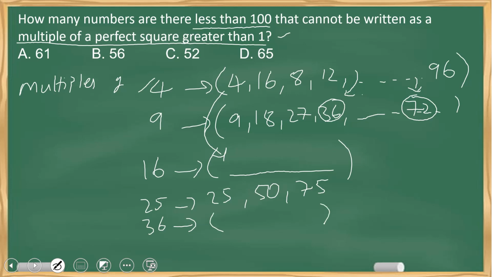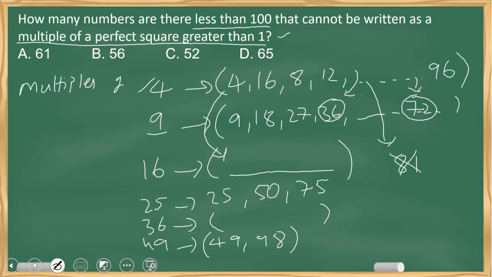After that 49, 98, that's all correct. Next 64 is a multiple of 4, so you cannot take 64 into consideration. After 64, 8 square is 64, 9 square is 81, so 81 means here in 9 multiples you will get 81, so 81 also cannot be considered.